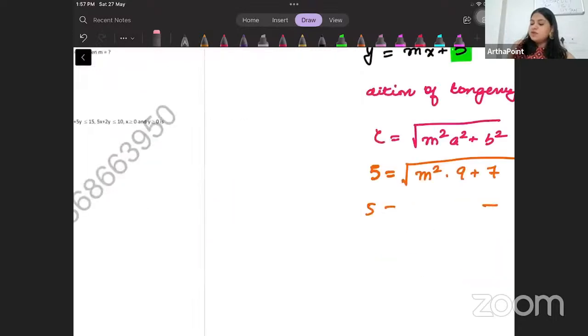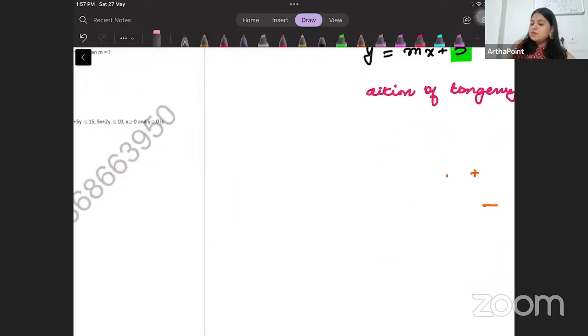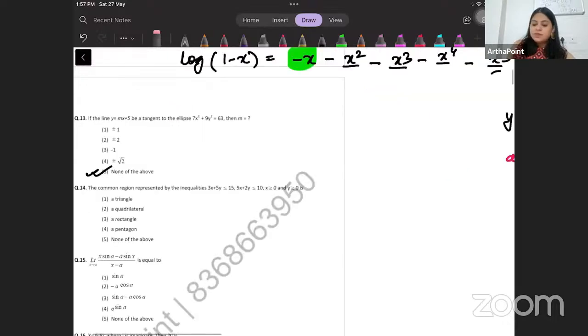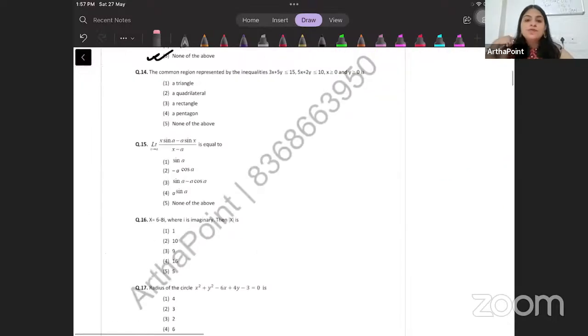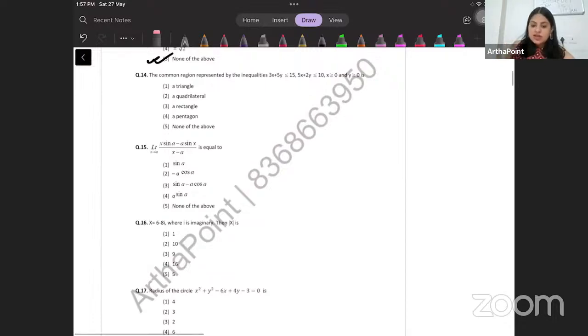Beta, if we look at this question, it says the common region represented by the inequalities is... What you will get, I'm telling you straight away, is a quadrilateral, and you can try to solve this and see also.